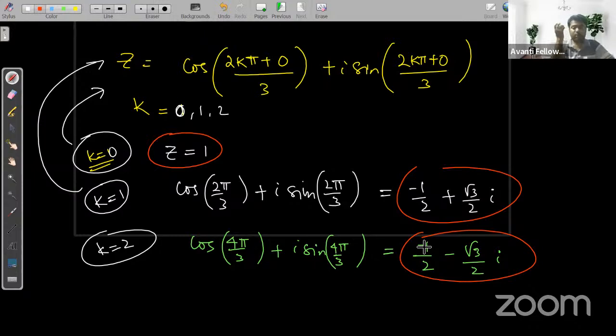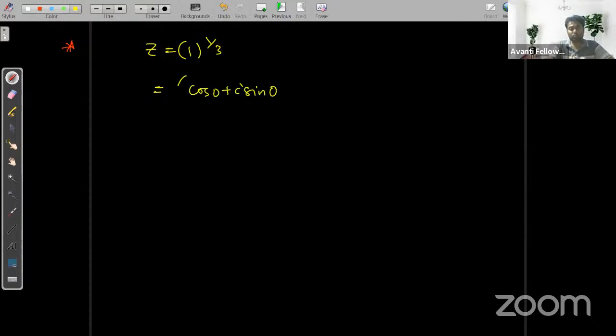By using the Euler's theorem, suppose in the second method I am taking z is equal to 1 to the power 1 by 3. So this can be expressed as (cos 0 + i sin 0) to the power 1 by 3. Also we can write this as cos of 2k pi by 3 plus i sin of 2k pi by 3. Yes or no?